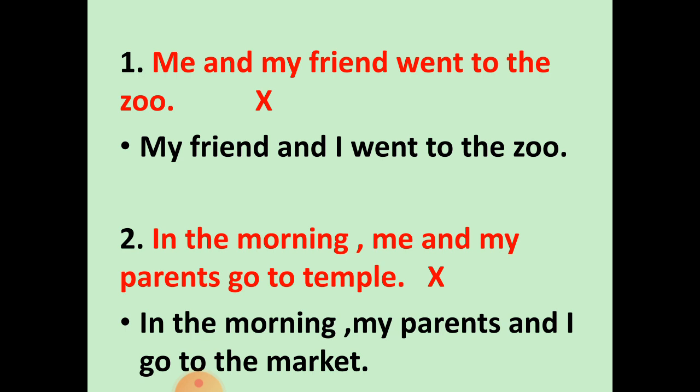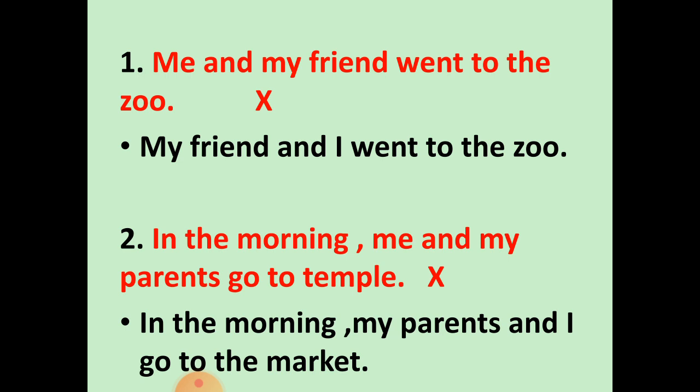Here we will use the nominative case of the pronoun. And I is never written in the beginning. I is written after and. Whenever we are talking about two persons, there we write "my friend and I." Writing "I and my friend" is also wrong. So I is used after and. So "My friend and I went to the zoo."